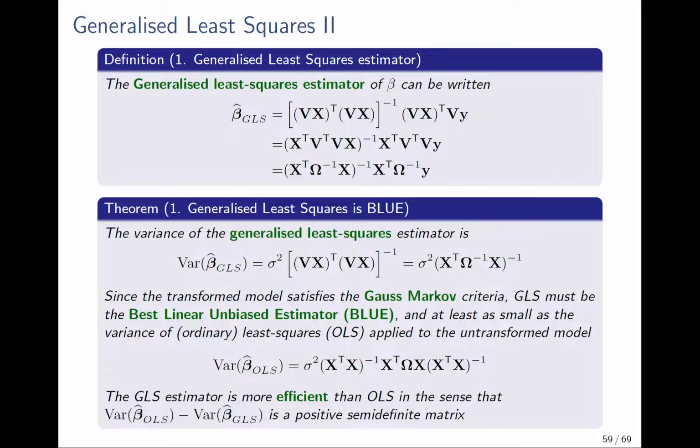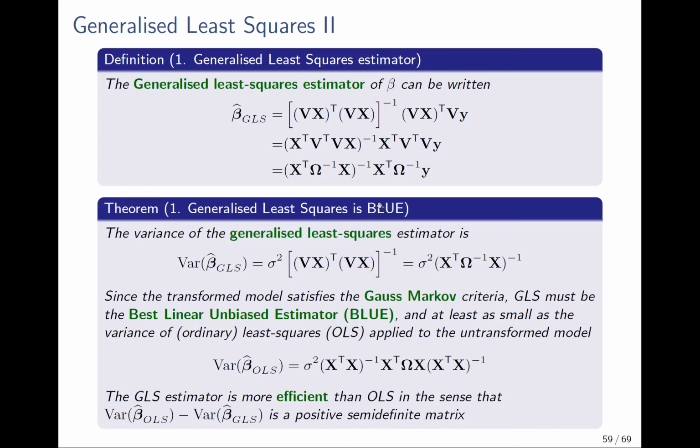You could prove that in your own time just by a straightforward piece of matrix algebra on the definitions that I've given. So this is the generalized least squares estimator. It's important, of course, as a solution to non-spherical errors, but we're also going to use it in a later lecture, lecture 8, when we look at mixed models.